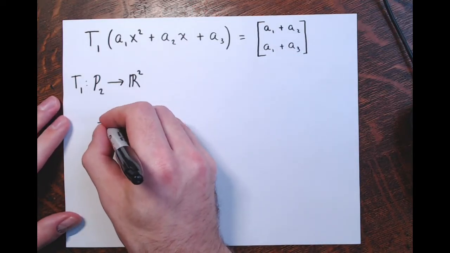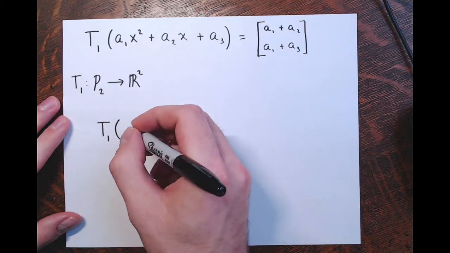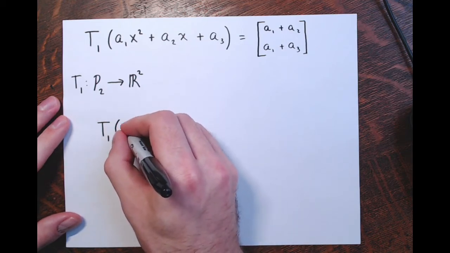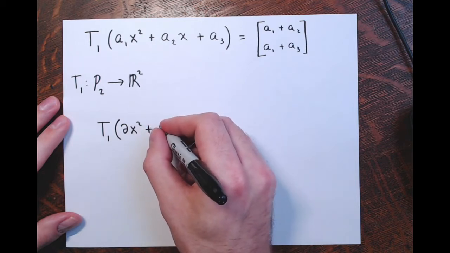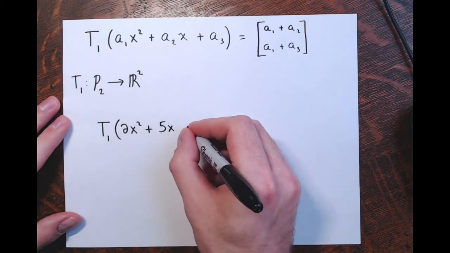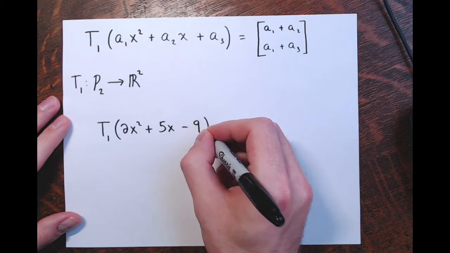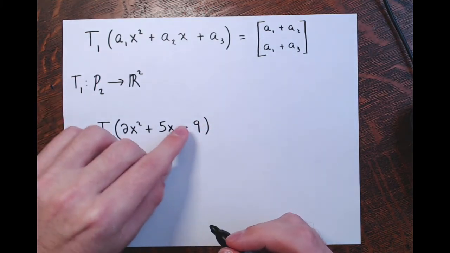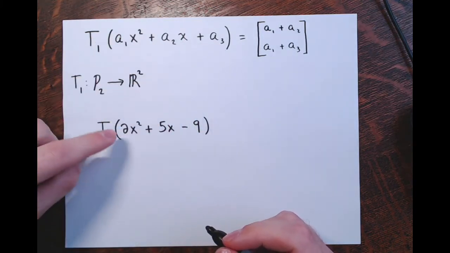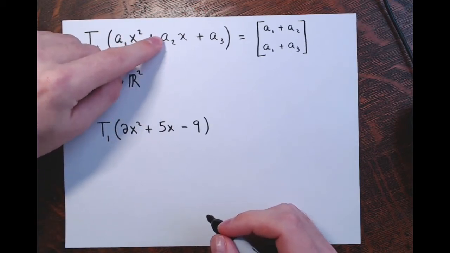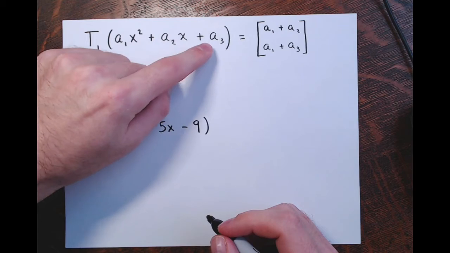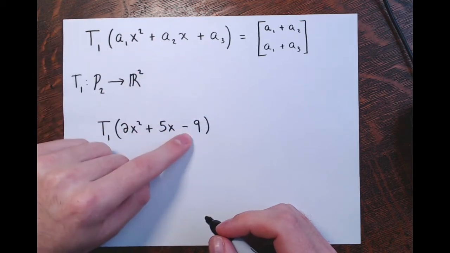Now if I plug in a specific input, the polynomial they're giving us is 2x squared plus 5x minus 9. So if it's set up this way, the value of a1 is 2, the value of a2 is 5, the value of a3 is -9.